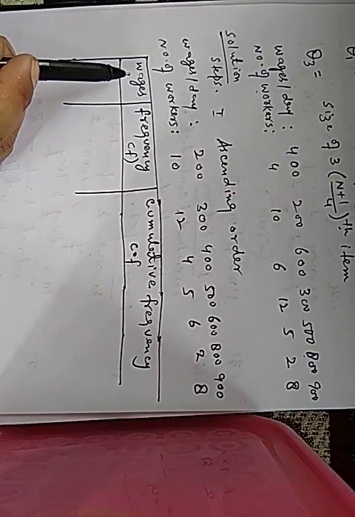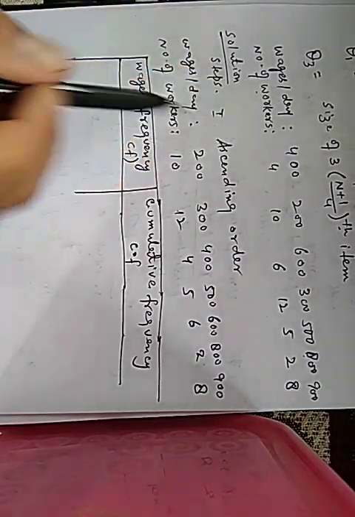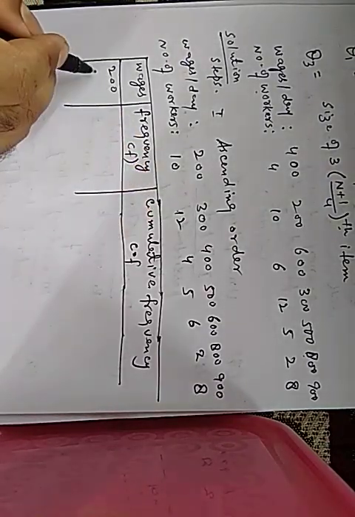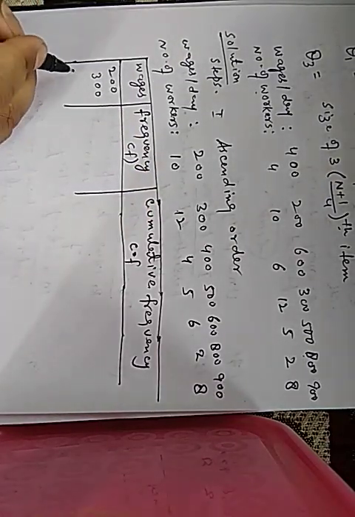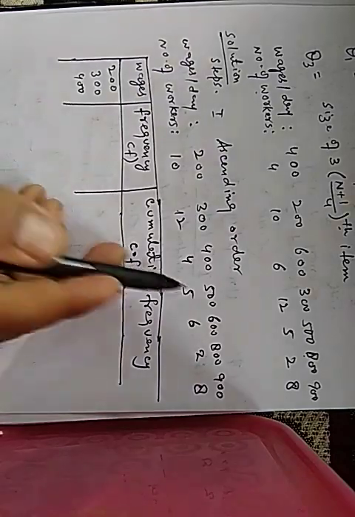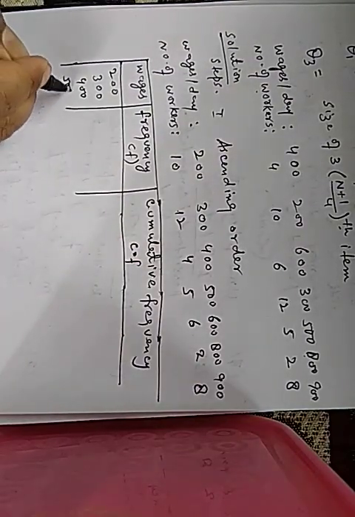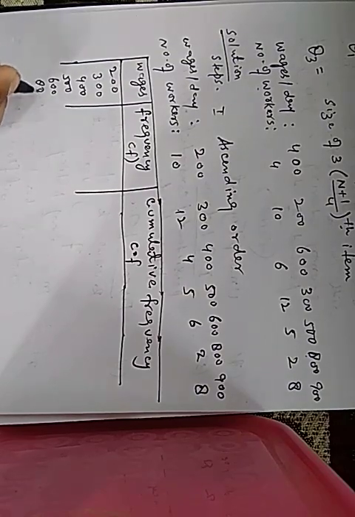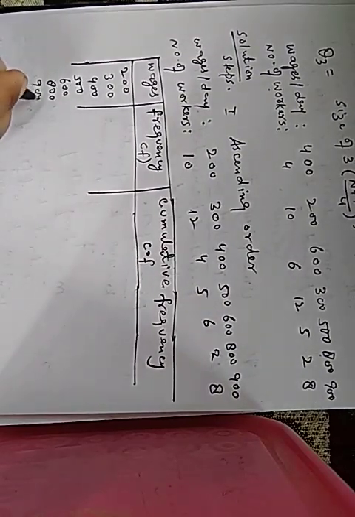The values of the variable wage rate per day are 200 in ascending order, 300, 400, 500, 600, 800 and 900.